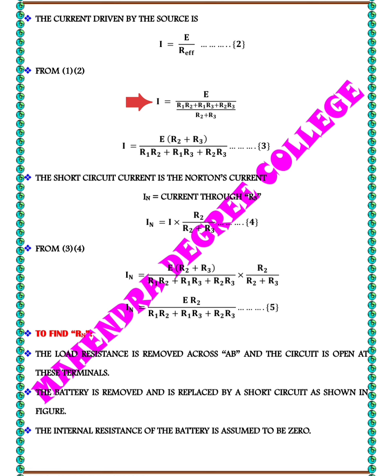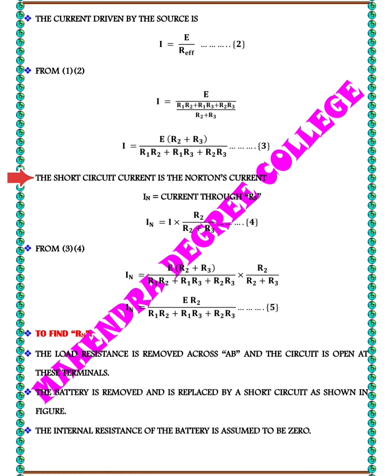Here, the denominator R2 plus R3 is converted to the numerator. So, E into (R2 plus R3). Finally, we get I equals E into (R2 plus R3) whole by (R1 R2 plus R1 R3 plus R2 R3). This is equation number 3.